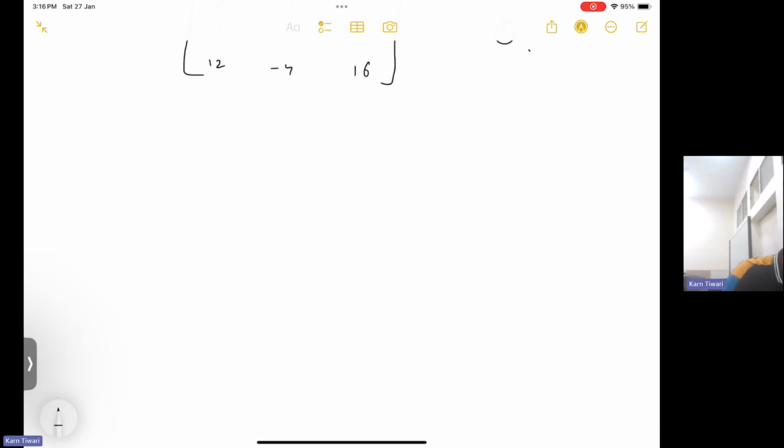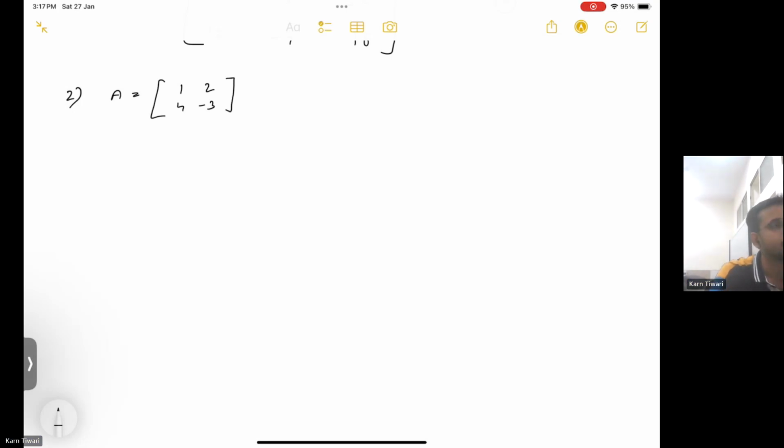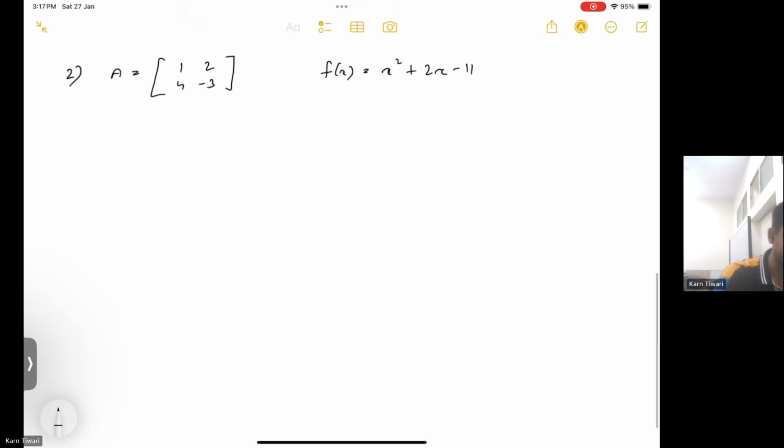So basically the second question, we have been given a 2 cross 2 square matrix 1 2 4 minus 3. Okay, and we have been given a polynomial, and we need to evaluate that at A, which is a matrix. So f of x is x square plus 2x minus 11. What we need is f of A.